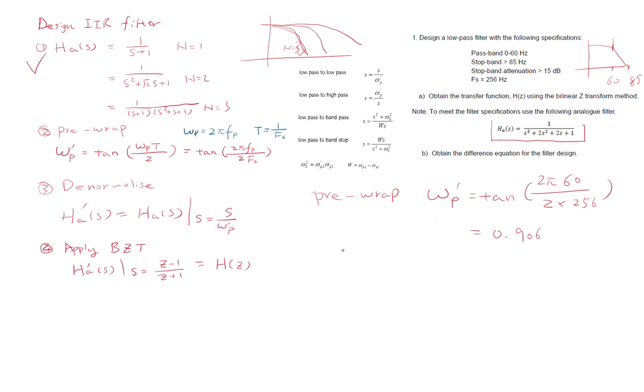We know this one, and that was the second step, and the third step we want to do is denormalize. So we have this H A, the analog template hat, gonna equal the original one, which is this one we have been given, that's the H A s.